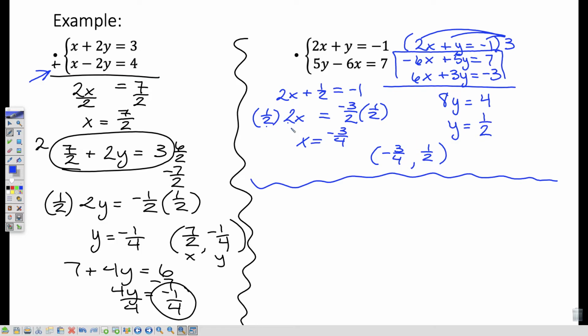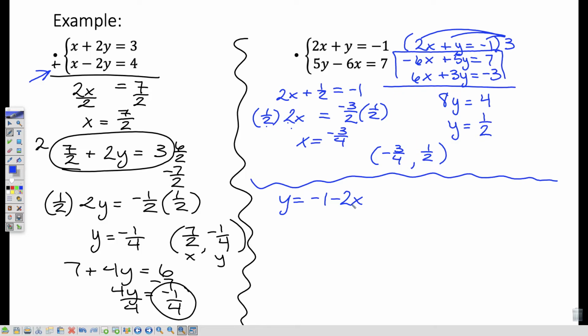So I want to show you another way we could have done this. Do you see the first equation has just y and it has a coefficient of 1? Could I solve for y very easily, just by subtracting over the 2x? So I would have y equals -1 minus 2x.